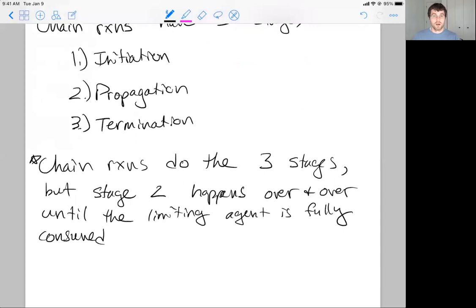We're going to see this whenever we do a chain process. It just happens over and over and over again until the limiting reagent is consumed.